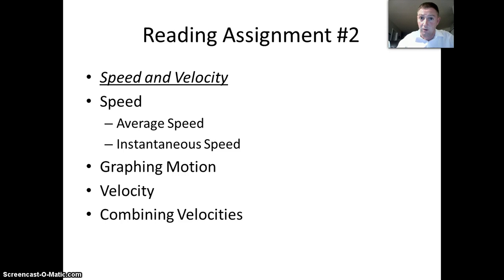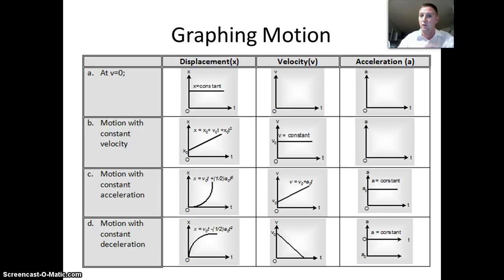All right, graphing motion. We did a whole lab on motion, and you looked at graphs. Let's take a look at the four most common motions, all right? If my velocity is 0, means I'm not moving.